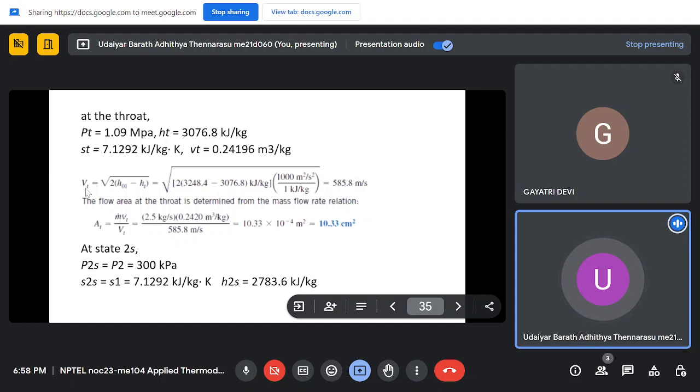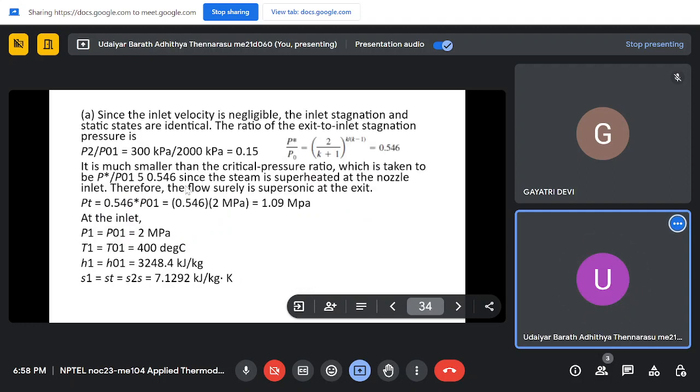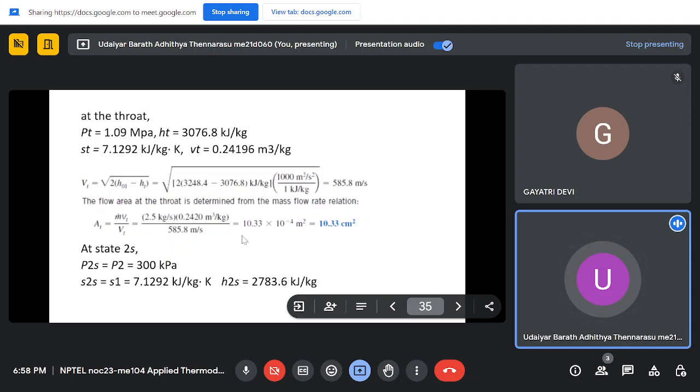Rearranging that, we can find the velocity at the throat. We know h01, which is 3248.4, and we also know the enthalpy at the throat section. On substituting that, we get the velocity as 585.8 meters per second.